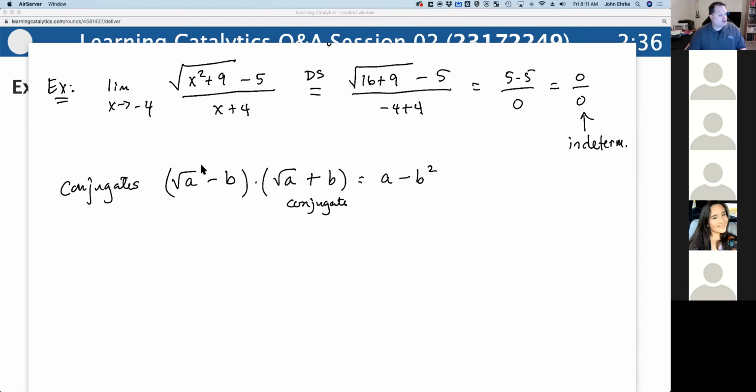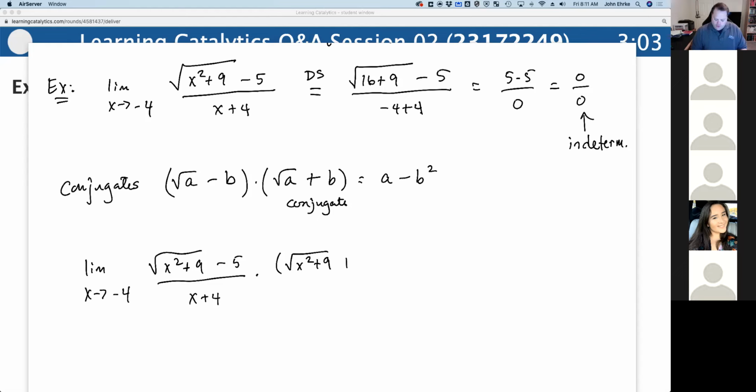So what I want you to do here is multiply this expression by its conjugate and then see what cancels and work the limit from there. I'll go ahead and do the first step with you, and then I'll let you finish it out. So the conjugate of that numerator would be the square root plus 5 instead of minus 5.